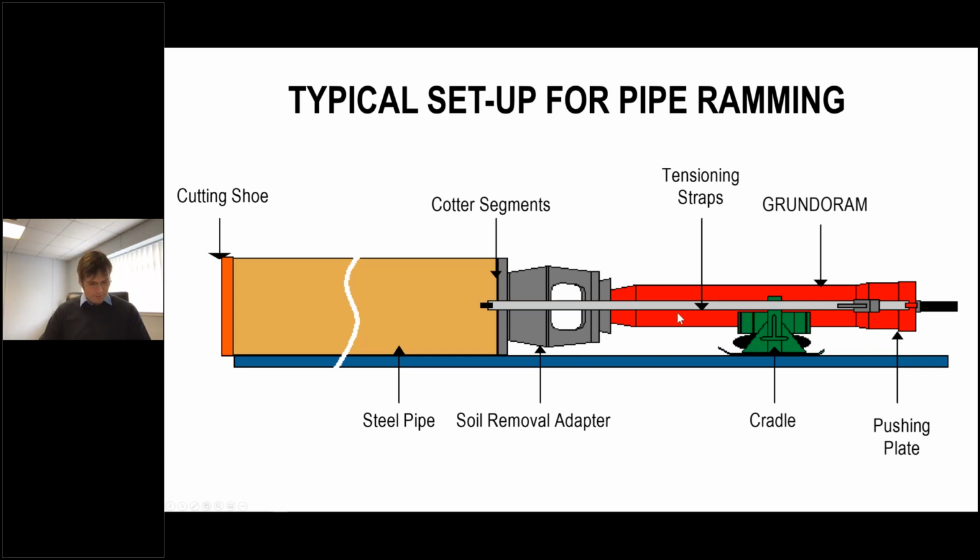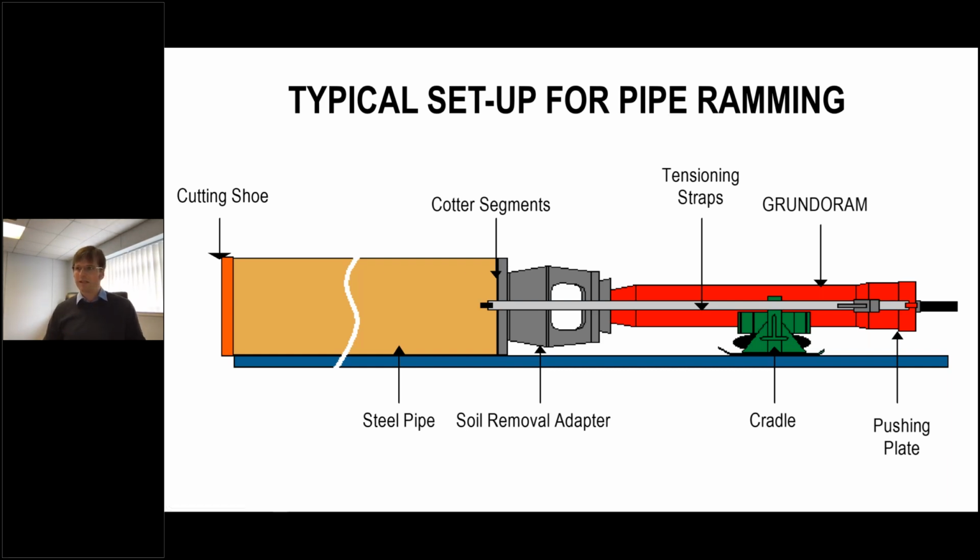The typical setup of a ramming site starts here with the front of the product pipe. We have got the described cutting shoe, then the product pipe. The product pipe is then connected to the rammer, first with a set of what we call cotter segments.